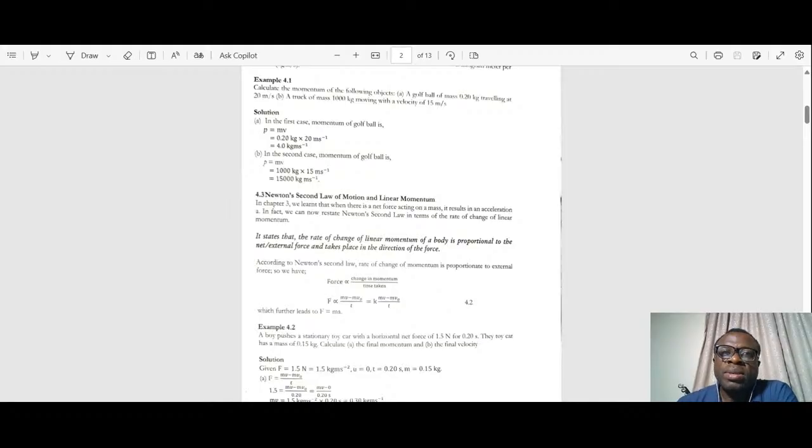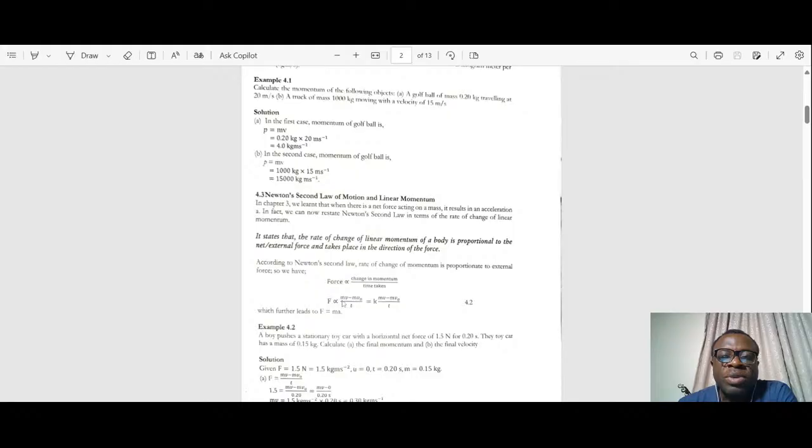So it's possible we have the final momentum and the initial momentum. The difference between the final momentum and the initial momentum is what we call the change in momentum. And that is what you are seeing here where the arrow is moving. mv is the final momentum while mu is the initial momentum.